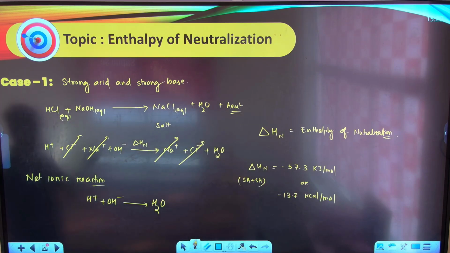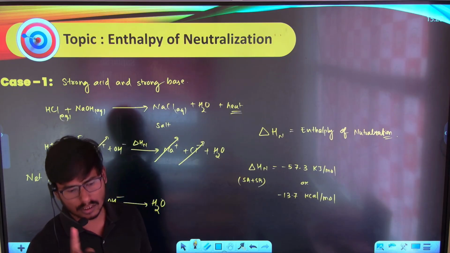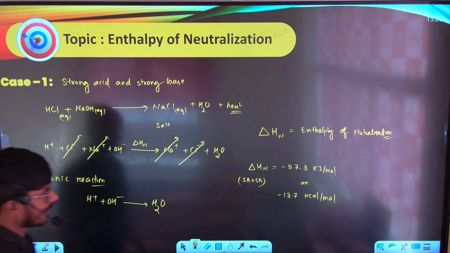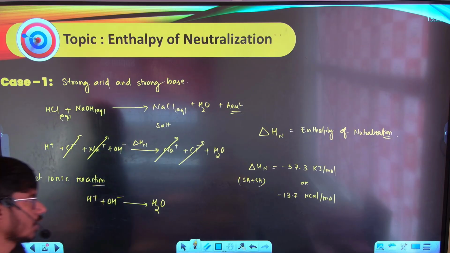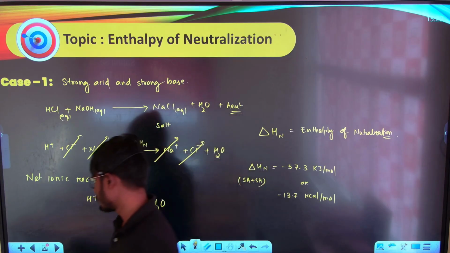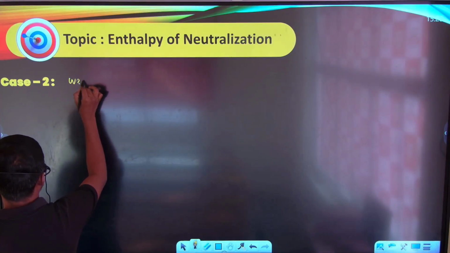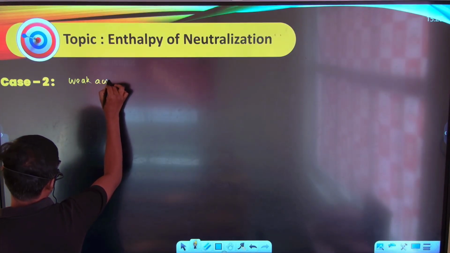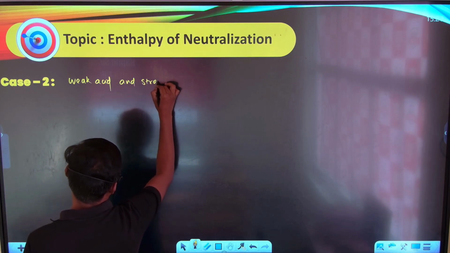If we react 1 mole of strong acid and 1 mole of strong base, that produces only 1 mole of water, and the heat energy released will be 57.3 kilojoule per mole. Next, case 2: weak acid and strong base.